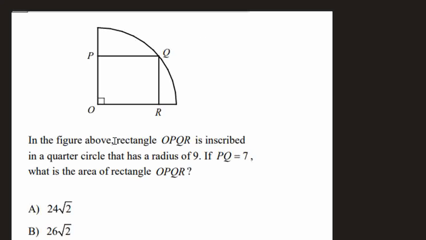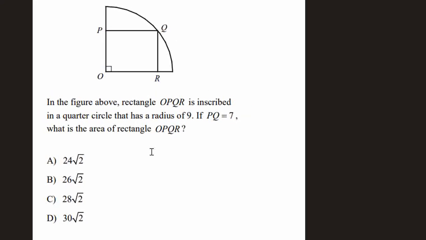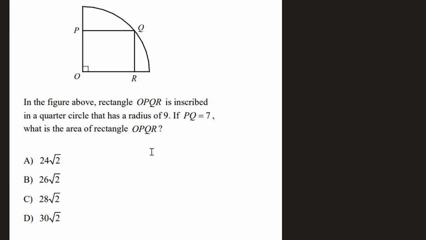In the figure above, rectangle OPQR is inscribed in a quarter circle that has a radius of 9. If PQ equals 7, what is the area of rectangle OPQR? This is a multiple choice question.